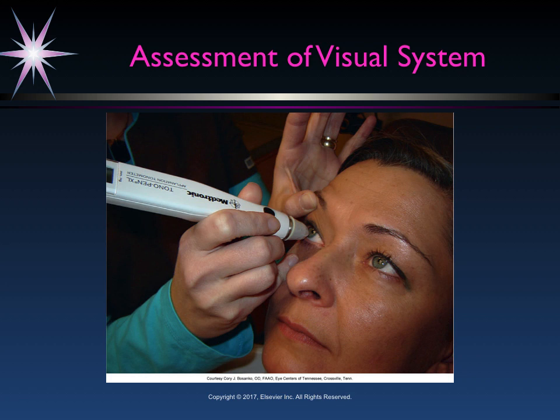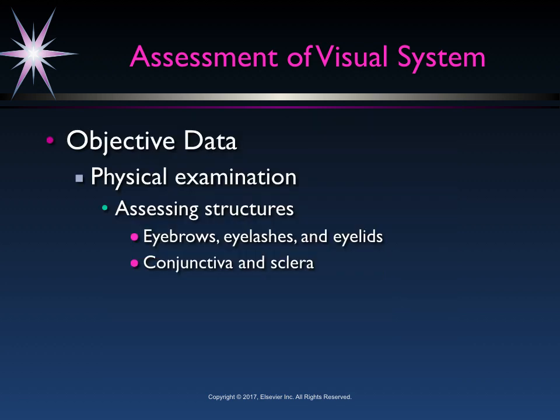Finally, we're going to do intraocular pressure, and it can be measured by a tonopen, like what they're showing in this picture. And like we said before, normal intraocular pressure ranges between 10 and 21. Other things that we look at are the eyebrows, the eyelashes, and the eyelids.